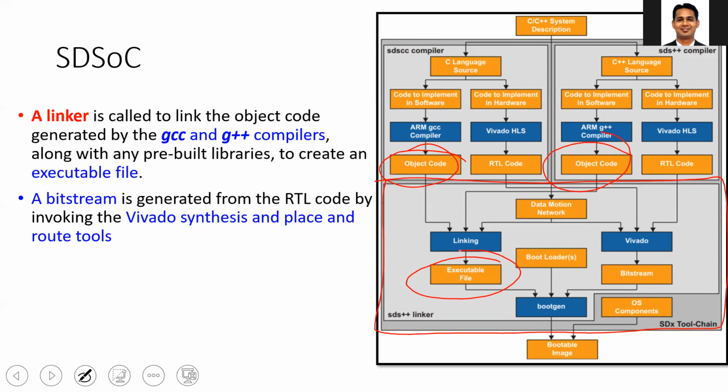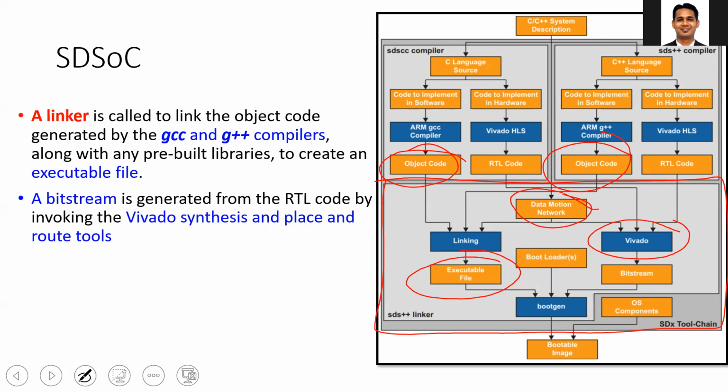Similarly, for the hardware part, we have the Vivado tool from Xilinx, which takes the Verilog VHDL code along with the data motion networks, which take care of the data communication between the PS and PL, and creates a bitstream via synthesis, placement, and route.